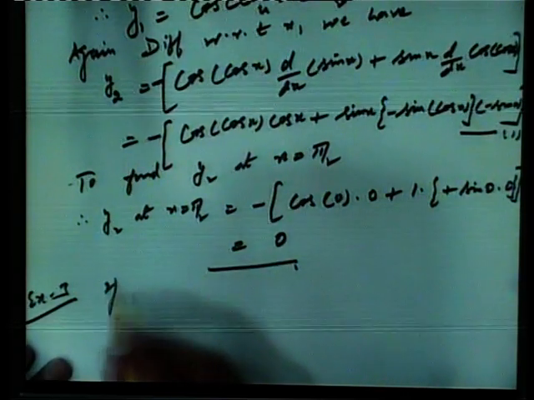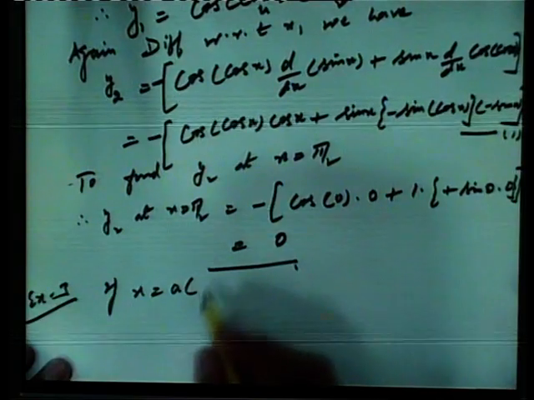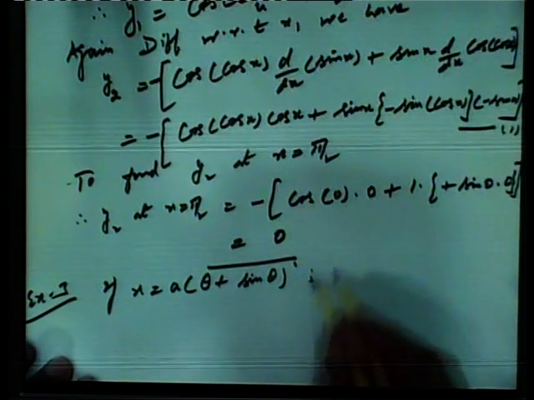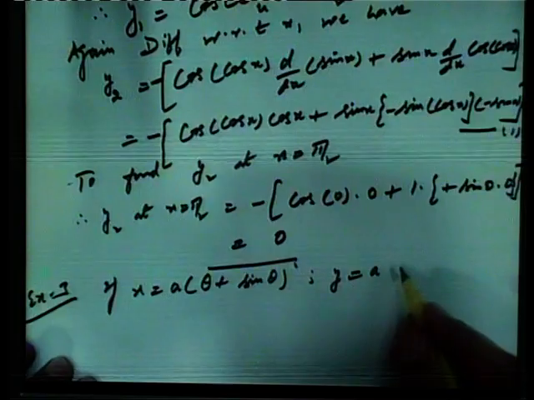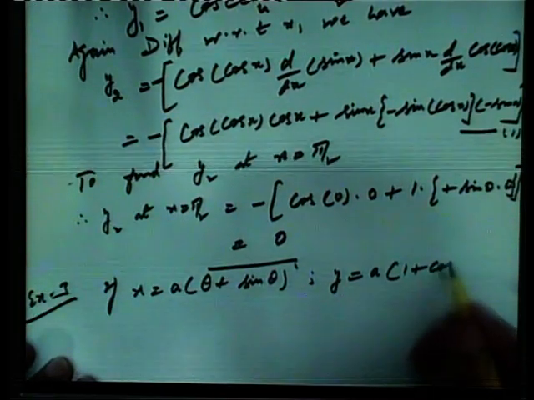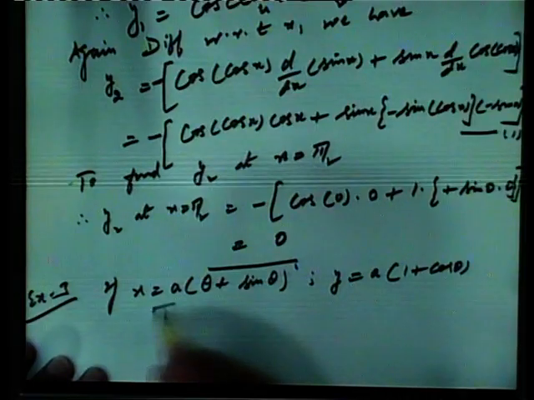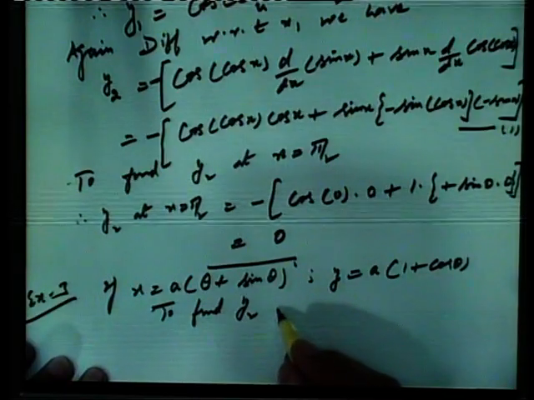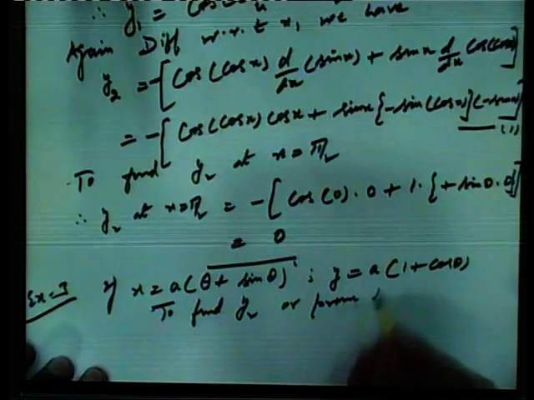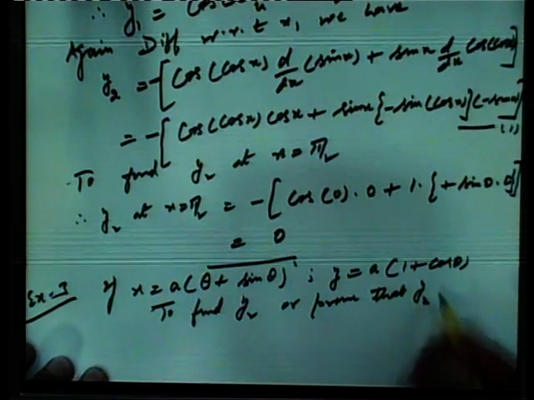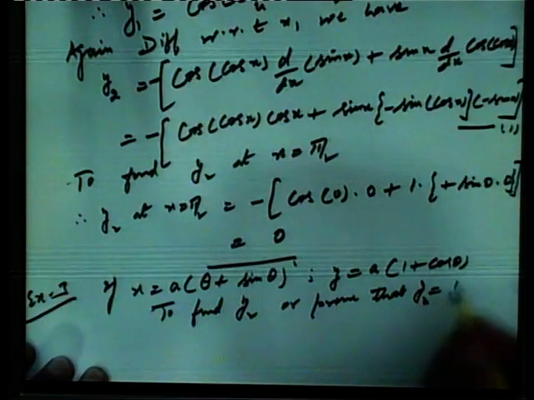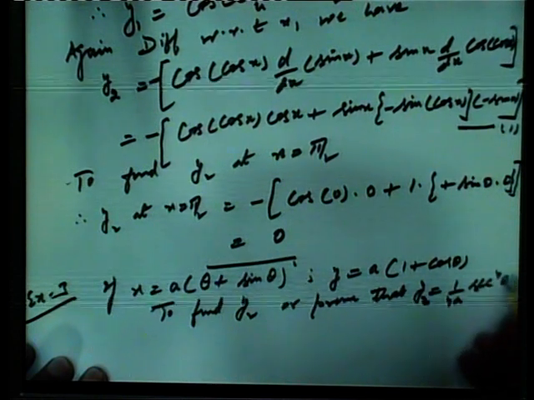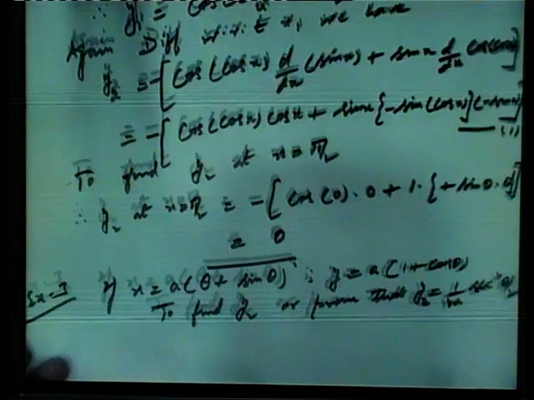If x is equal to a theta plus sin theta, y is equal to a into 1 plus cos theta, now to find y2 or prove that y2 is equal to 1 over 4a secant theta by 2 whole power of 4.